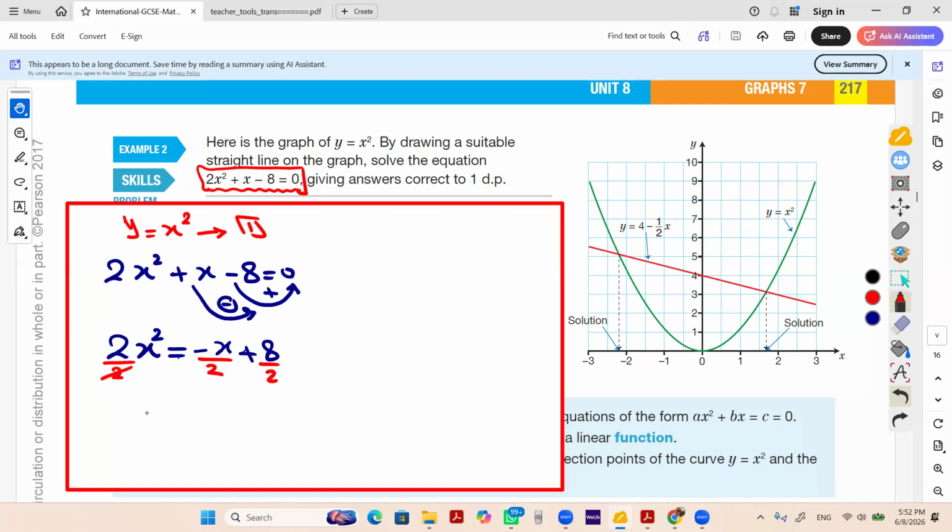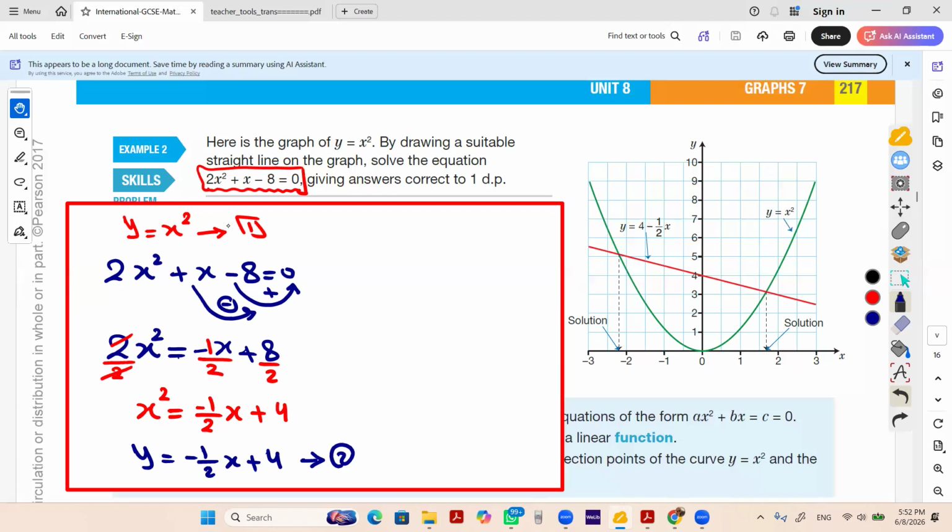So x squared equals negative 1 over 2 x plus 4. So y will be negative 1 over 2 x plus 4.